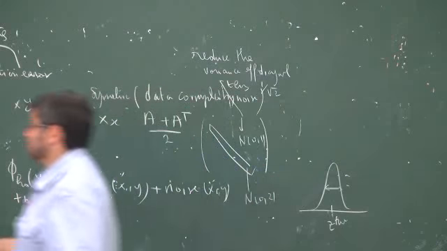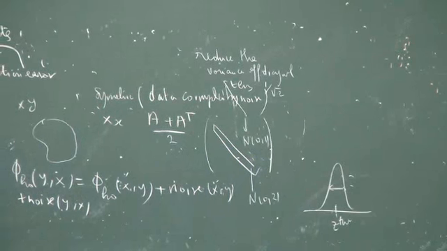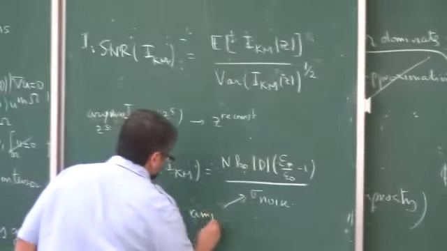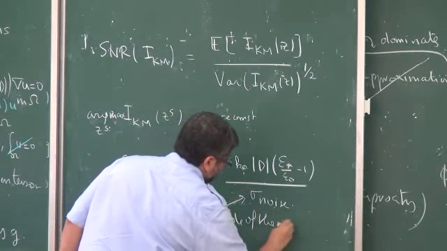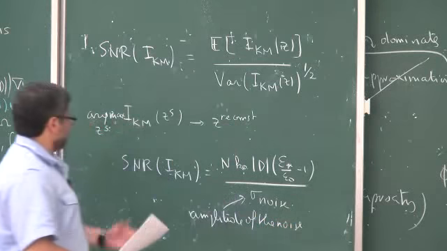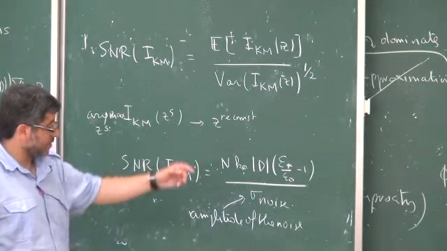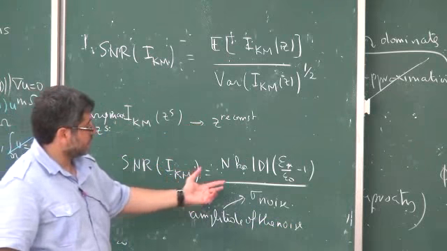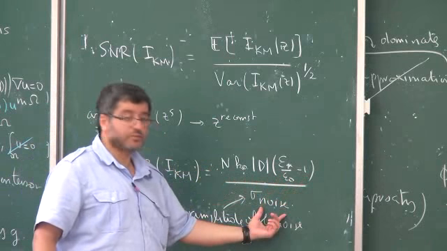So the signal to noise ratio of this Kirchhoff migration I just introduced is the permittivity contrast over the amplitude of the noise.